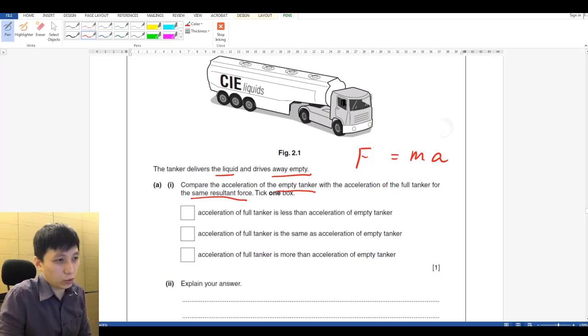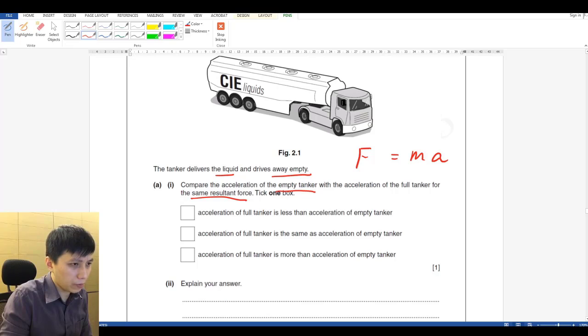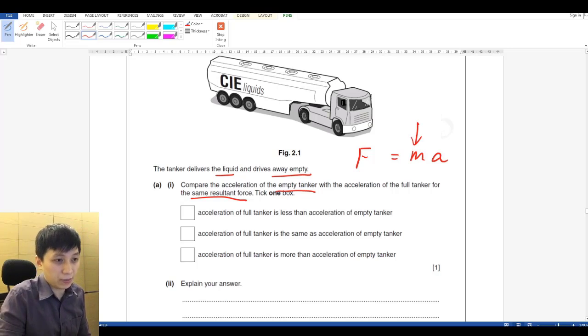The next thing that you want to do is see what has been changed. The mass is the one that gets changed, right? So think about when mass decreases, that means for the empty tank, with the same resultant force.